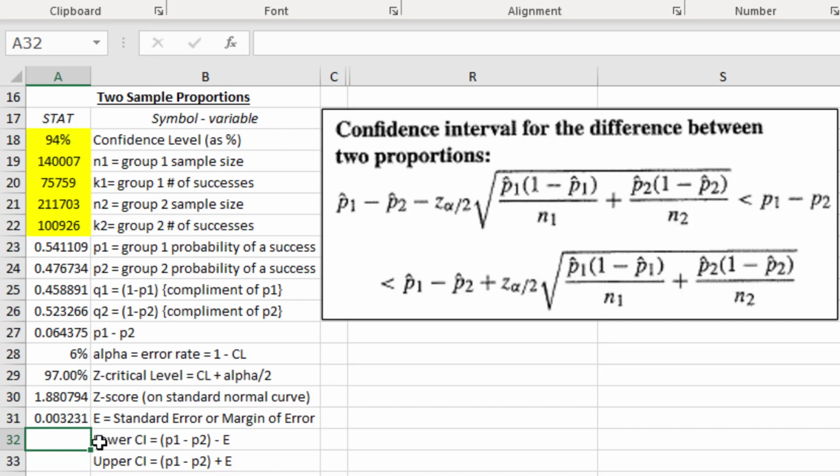So the lower bound is just that thing minus E, so it's going to equal that difference minus our margin of error, and then the upper one is going to equal the difference plus our margin of error. And that's it. We now have an automated calculator that will give us the confidence interval for any question we have that involves two sample proportions.